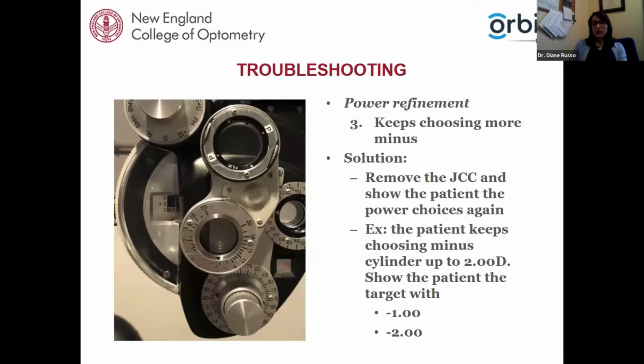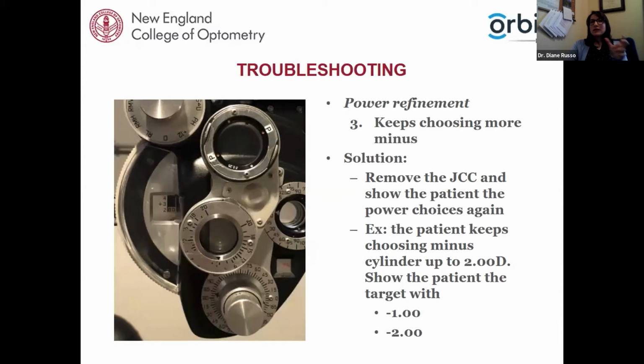And you could even check their acuity at this point, or just ask them, showing the same line that you've been showing them, how does it look here with the -1? And then switch and show them with the -2. Do they notice any difference? And then go based off of those responses.